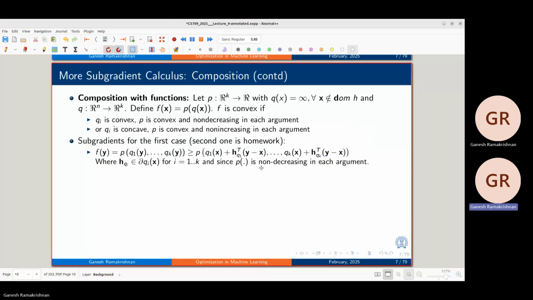Okay, now the rest is for you to solve. I've gone so far. My goal is to get the subdifferential for F. So how do I now compose a subdifferential for F? What have I not assumed so far?